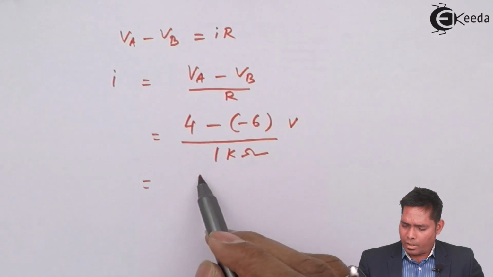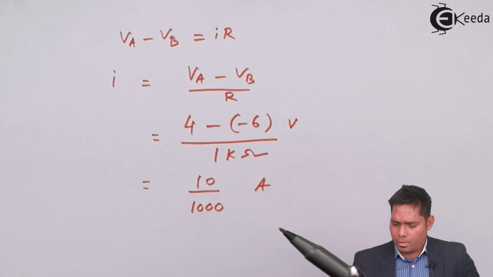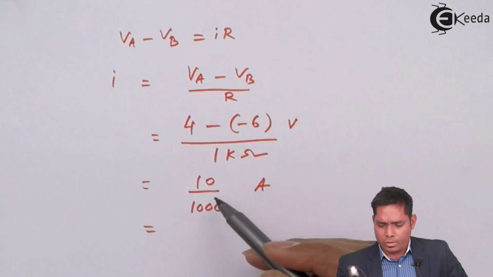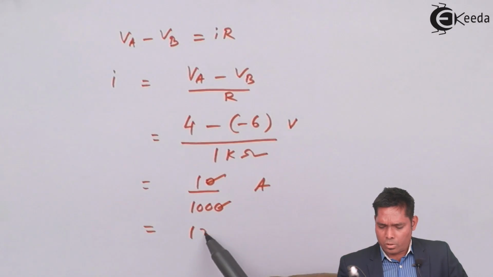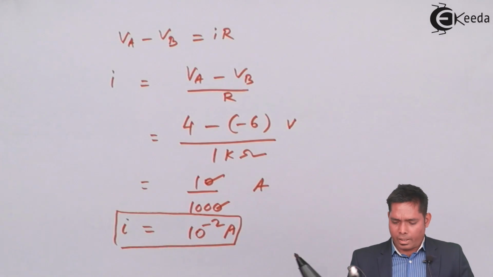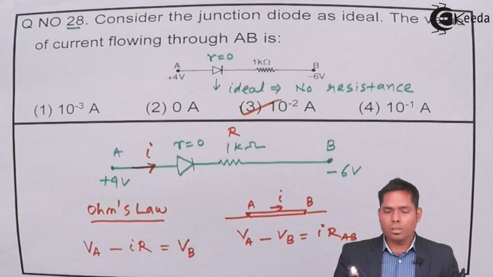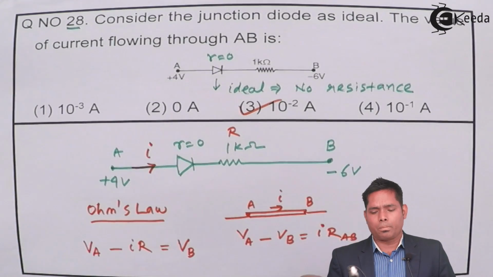This is 10 divided by 1000 ampere, which is equal to, 1 kilo is 1000, so 10 raised to power minus 2 ampere. So the current is 10 raised to the power minus 2 ampere, and the option is third option, which is 10 raised to power minus 2 ampere.